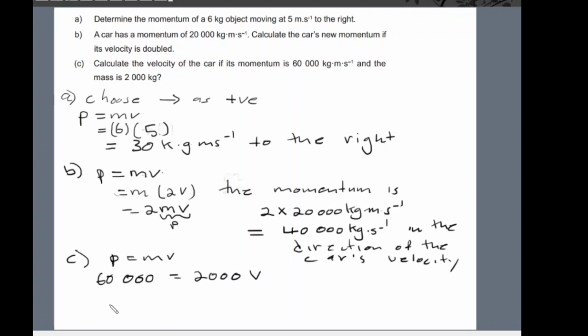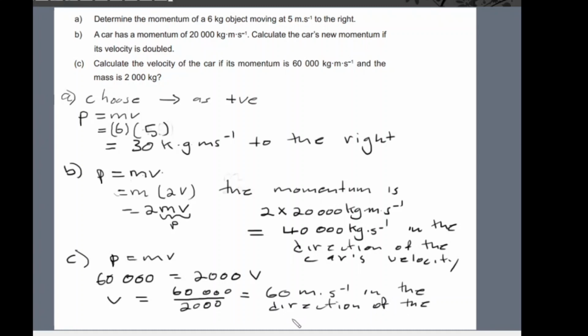We want velocity. So velocity will be equal to 60,000 divided by 2,000. It will be 30 meters per second in the direction of the car's momentum.